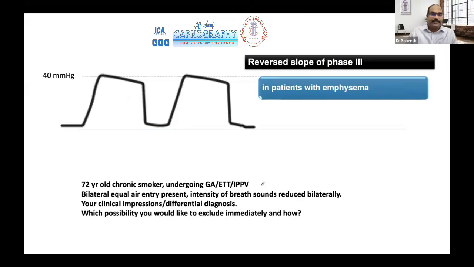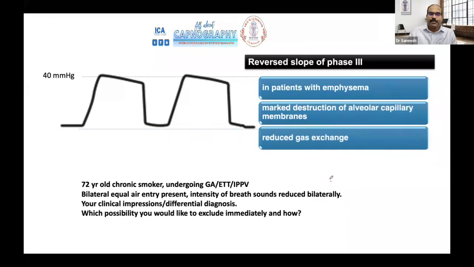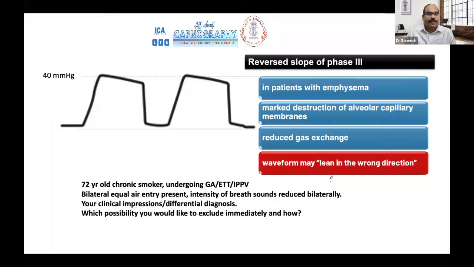COPD or emphysema is one of the causes. So there will be marked destruction of the alveolar capillary membranes. So what it causes is reduced gas exchange. So eventually the waveform will lean in the wrong direction. So what you do immediately is to look for the complications of emphysema.